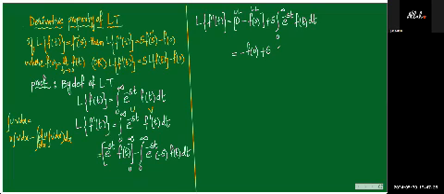Either you can use it as L of f of t or f bar of s, both are same now. Now this we have to write the positive value first, s into f bar of s minus f of 0. We proved the Laplace transform of the derivative.